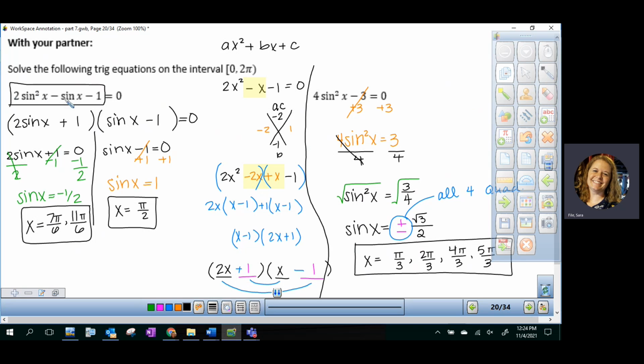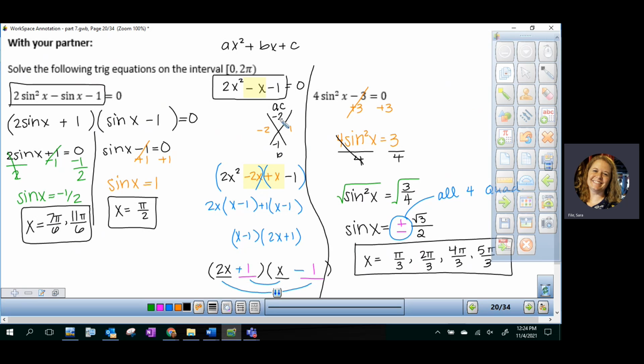2 sine squared of x minus sine of x minus 1. Replace sine of x with just x. So that'd be 2x squared minus x minus 1, right? You can think of it like this, just a regular old trinomial quadratic, and you can do your grouping method. You do your a times c is -2, b is -1.